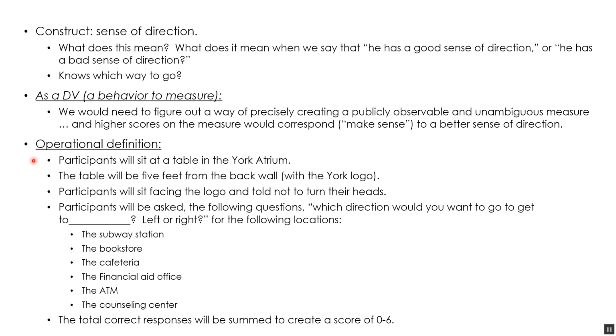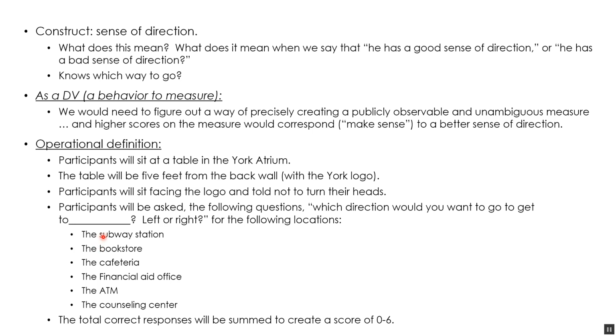Which direction do you want to go to get to the blank, left or right? And then the subject would be asked that question for these different locations. This is an old example because I have the bookstore listed and the cafeteria. Okay, so we'd have to come up with new ones, but the subway station.